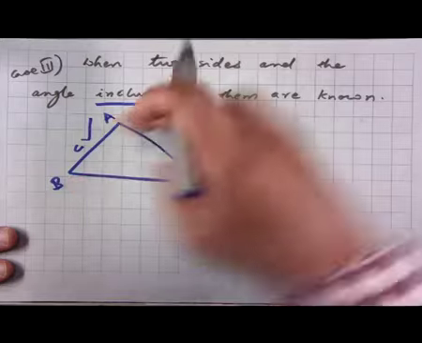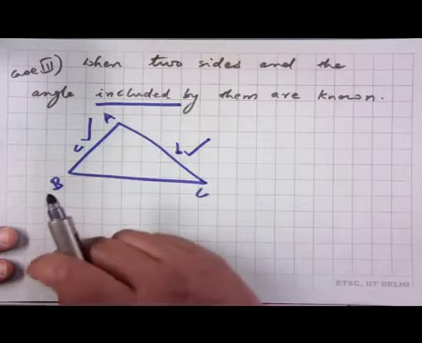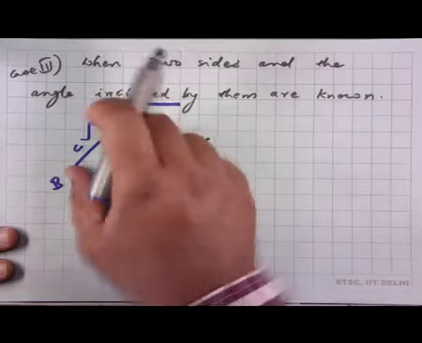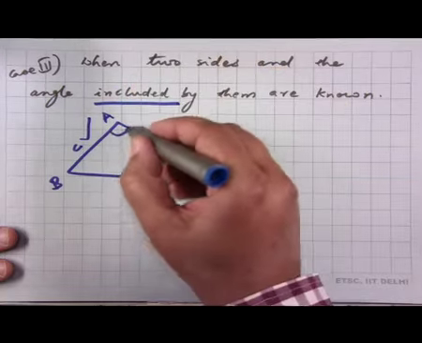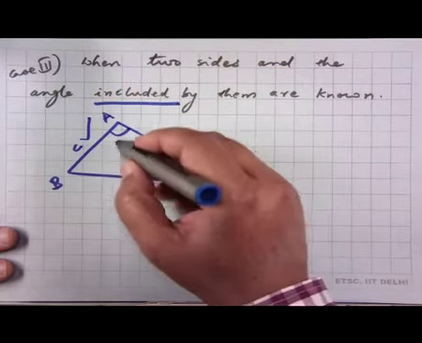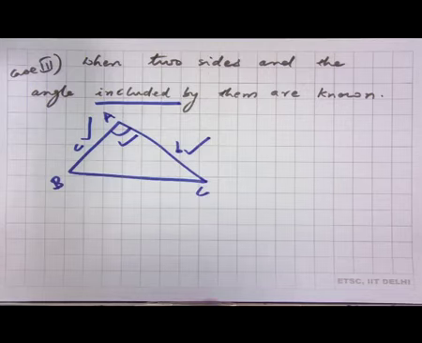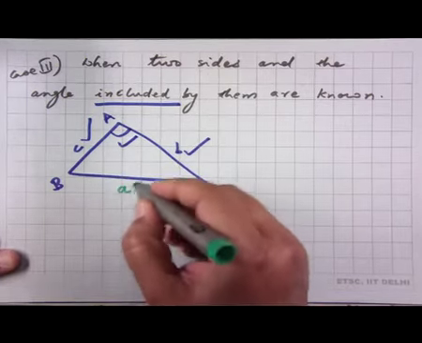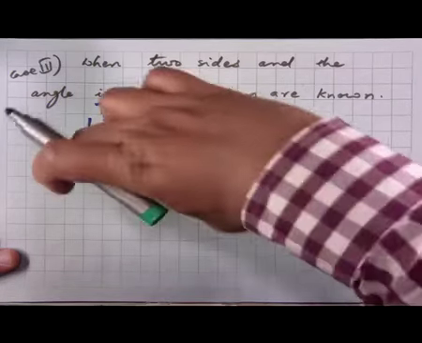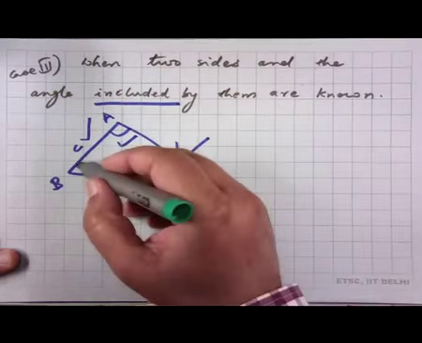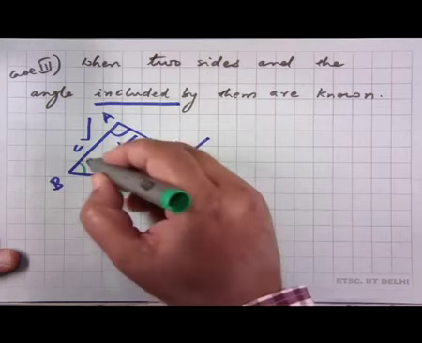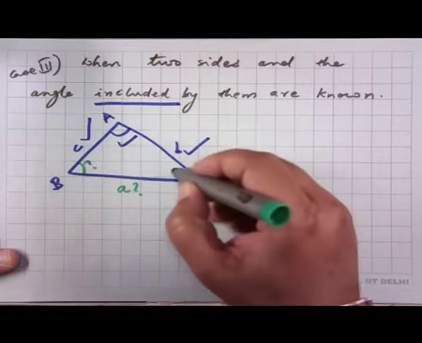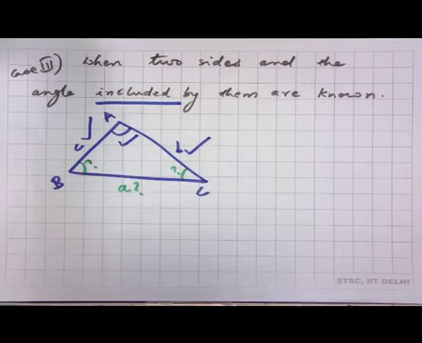So, these two lengths are known and the angle included between these two sides is this angle A, which is also known, and what is not known is this side and these two angles.